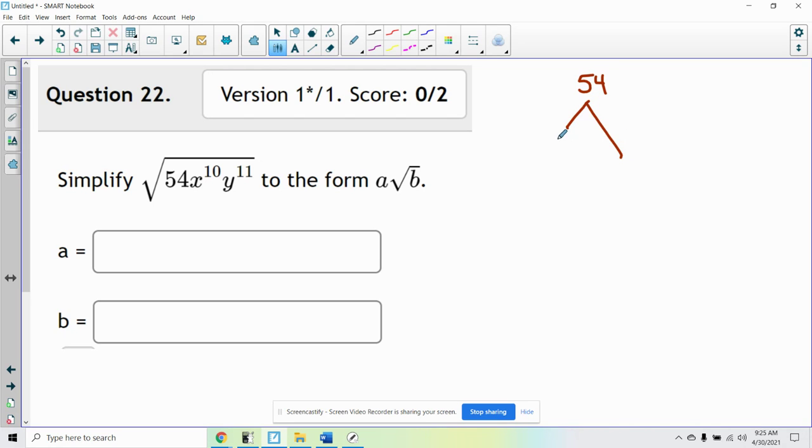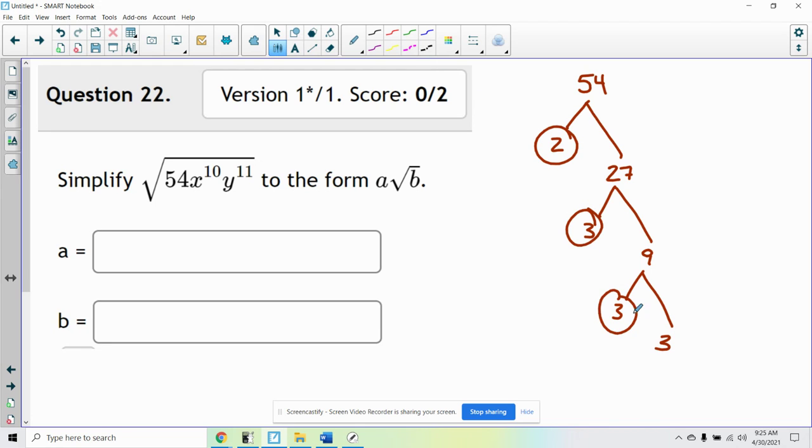I can divide it by 2, which is 2 times 27. 2's prime, so I'm done. I can divide 27 by 3 and I get 9. 3's prime. 9 I can divide by 3, and I get 3 and 3. So 54 can be written as 2 times 3 times 3 times 3.